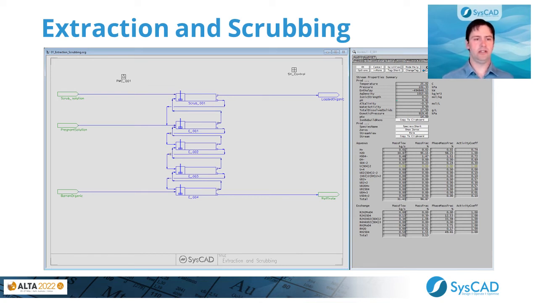And so these scrub solutions recycle back, and then the loaded organic goes on for processing and stripping. So the uranium balance is that the uranium in preg solution should be essentially equal to the uranium in the loaded organic, because typically you get very, very high extraction efficiencies.